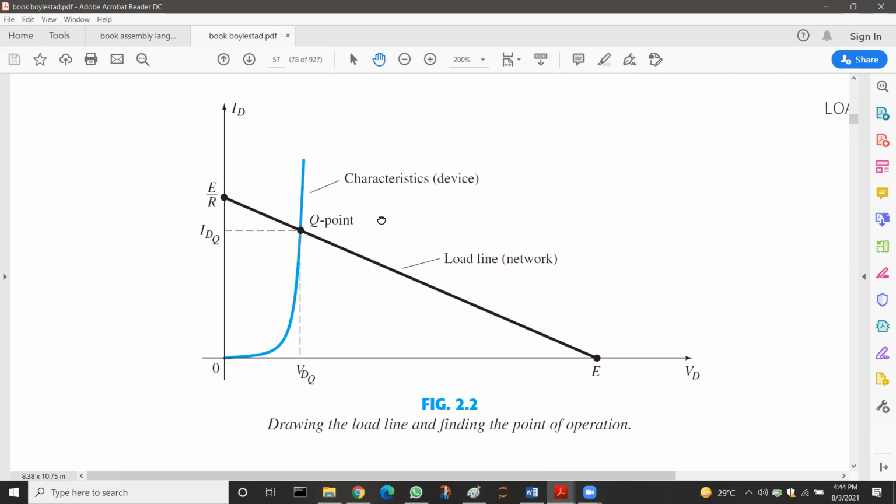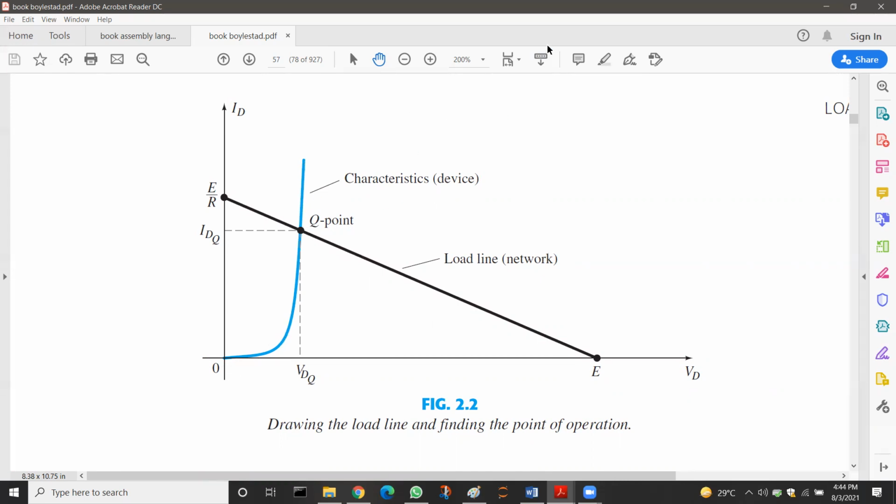It is important for the DC analysis as well as for the AC analysis. In DC analysis, there is a static Q point in which, by using the curve or the Shockley's equation, we can find the value of voltage across the diode as well as the current passing through the diode. What are the important parameters?